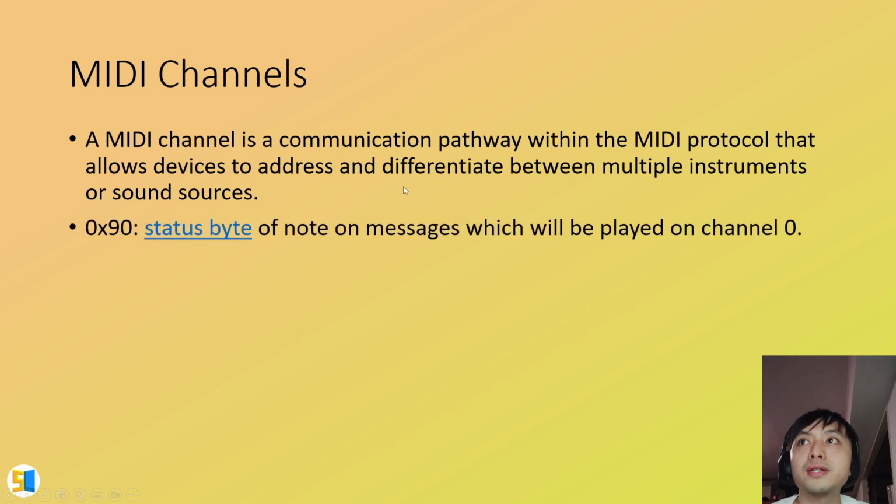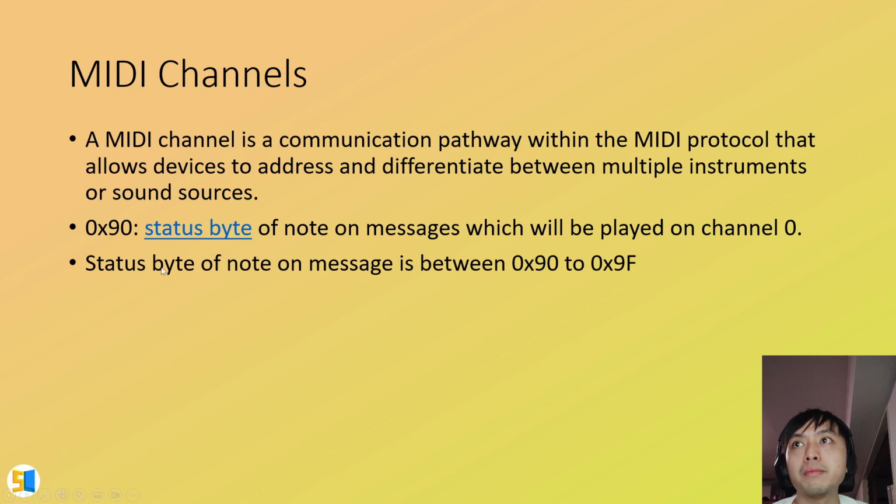From the previous example, we know that 0x90 is the status byte of a note on message, which we played on channel 0. So how do we know this is channel 0? Because for note on messages, the status byte ranges from 0x90 to 0x9F.